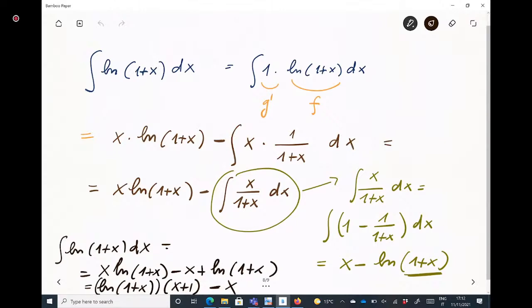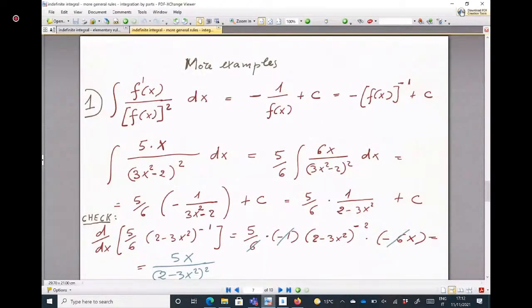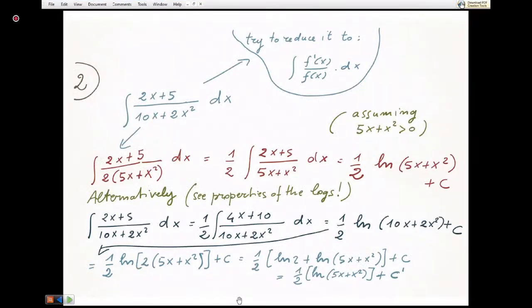Another example is this one. This is very useful also to think a bit about the meaning of the multiplicative constant in the solution.